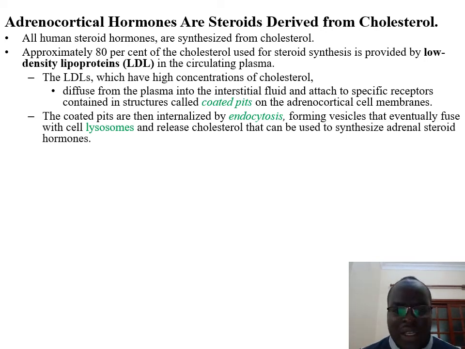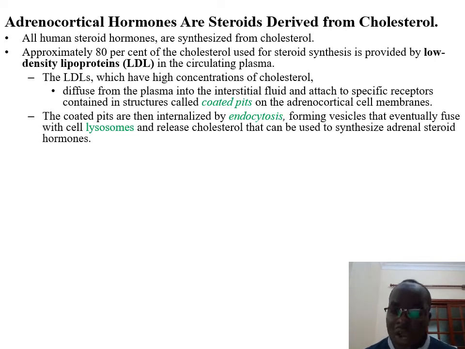Approximately 80% of cholesterol used for steroid synthesis is provided by low-density lipoprotein, which is a bad lipoprotein because it contains a lot of cholesterol. So if it's being used for the production of adrenocortical hormones, then it's a good thing, because you don't want a lot of low-density lipoprotein to accumulate in the blood vessels. It can bring about atherosclerosis, or hardening of blood vessels.